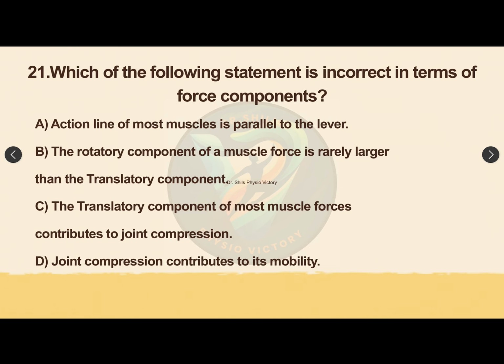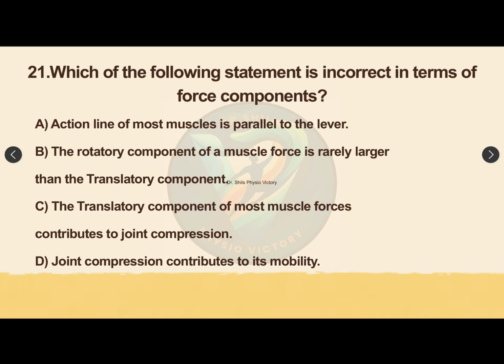Next question, question number 21. Which of the following statements is incorrect in terms of force components? Option A, action line of most muscles is parallel to the lever. Option B, the rotatory component of the muscle force is rarely larger than the translatory component.